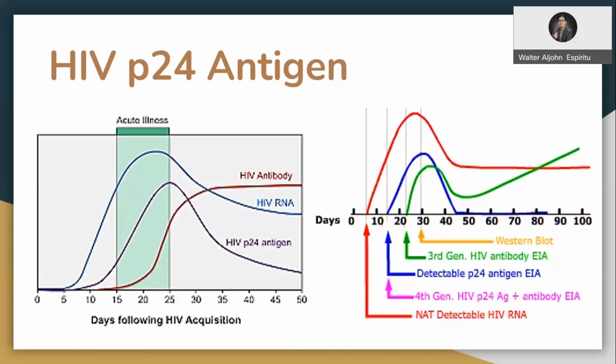At the fifth day, we have not detectable HIV RNA. You can also use the p24 antigen, which is observable early, but it peaks at the 30th day, 1 month after the first exposure to the virus.